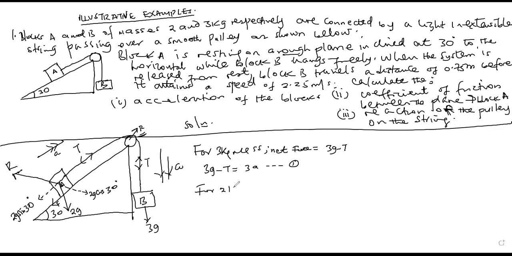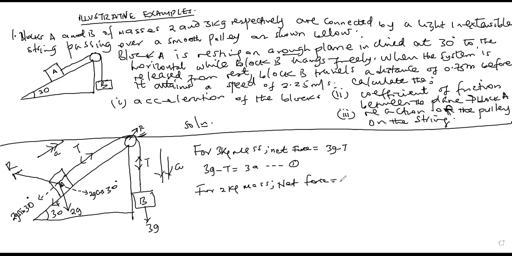Then for the 2 kilogram mass, the net force: since the 2 kilogram mass is also accelerating upwards, it will be T, which is in the direction of motion, minus the summation of these ones which are opposing, F and 2g sin 30.